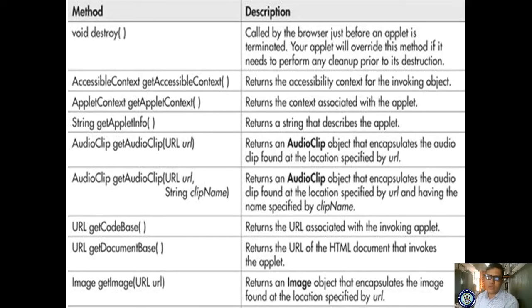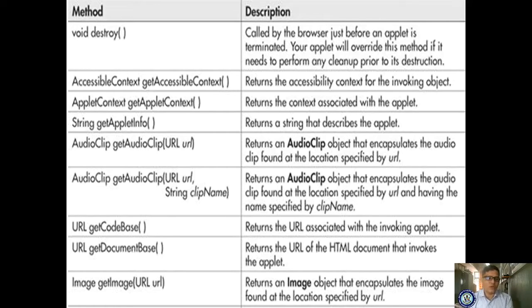Here the URL specifies the code base you are accessing. By using the getCodeBase method, you are accessing the address of that object: the address of your source code, your compiled code, or any of your applet programs.